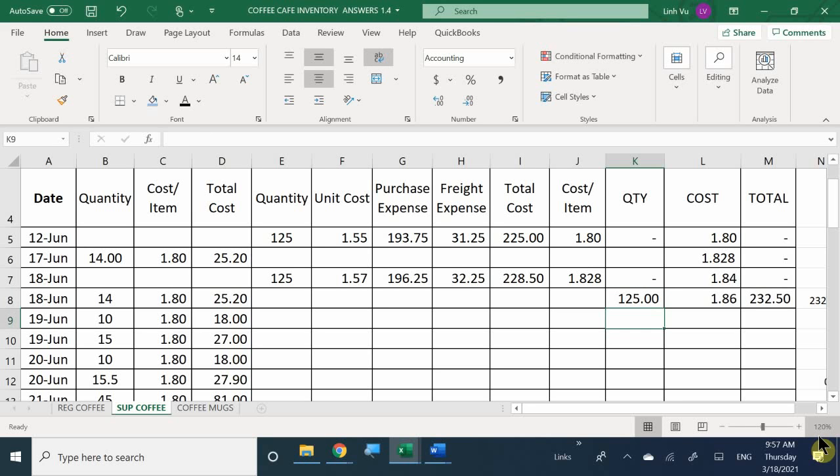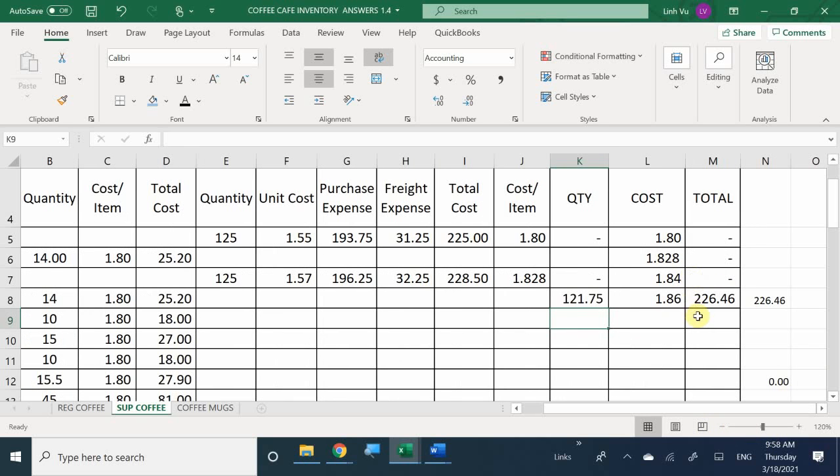So let's go back and see how much this was before. So here we rounded up on both sides because of this half of a penny, right? This 8.6 doesn't give you a very even number. So in this case, we're going to have to either round our inventory or we round our cost of goods sold. In this case, we already rounded our cost of goods sold. So this is 121.25.